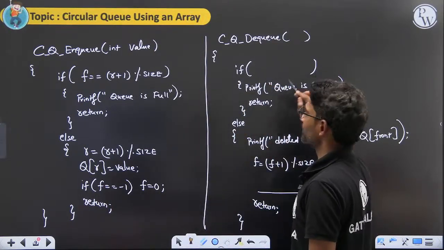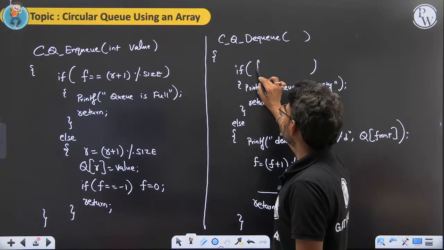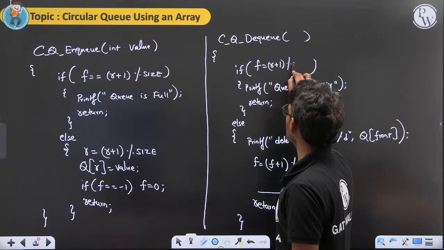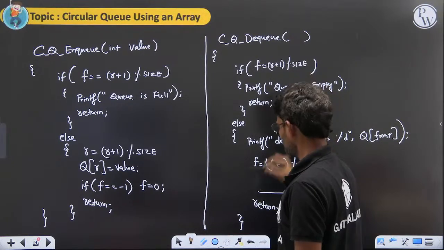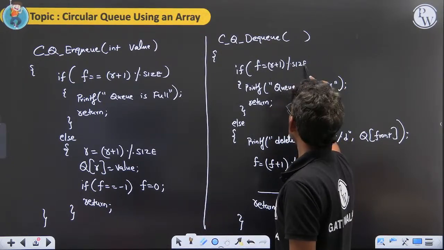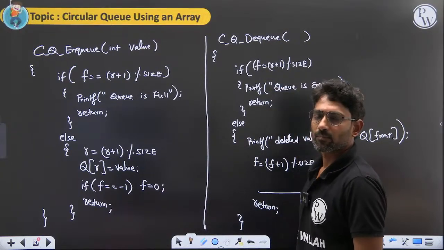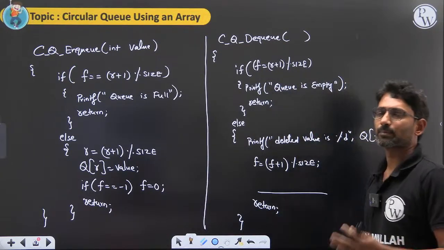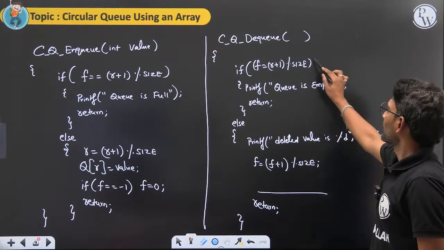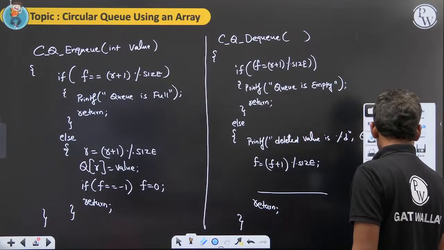However, in the if, what I am writing? If front is equal to rear plus 1 mod size, I am telling queue is empty.